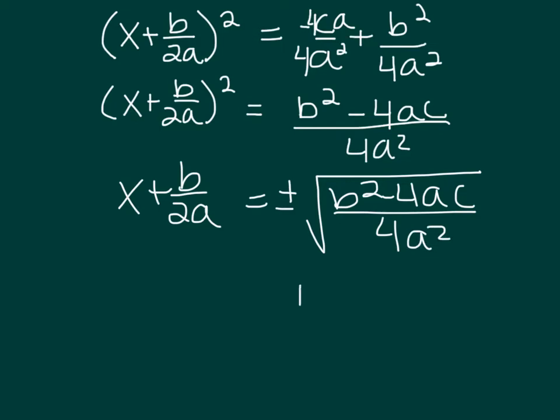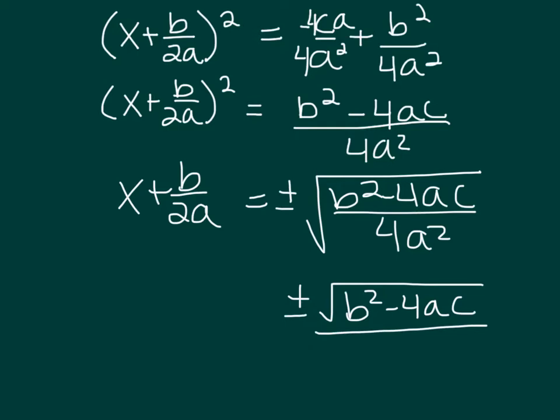So that's plus or minus the square root of b squared minus 4ac on top, and then divided by the square root of 4 is 2, and the square root of a squared is a, and this is x plus b over 2a over here. Oops. Sorry, 2a right there.